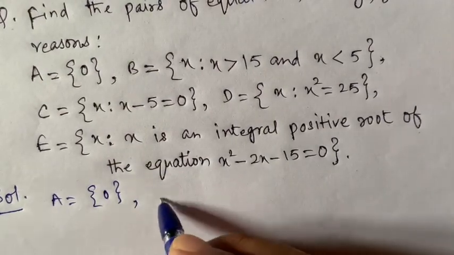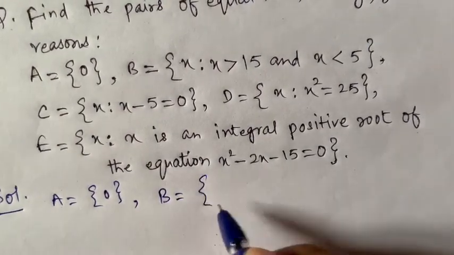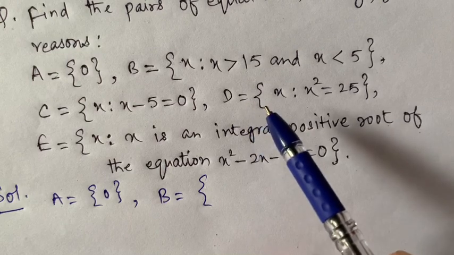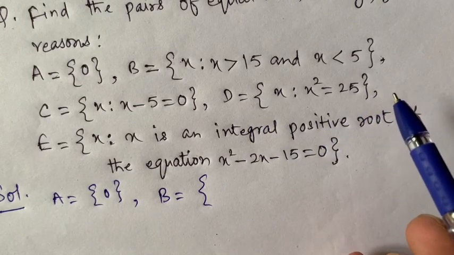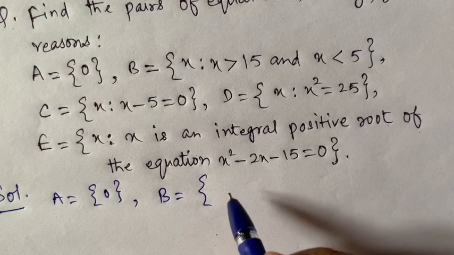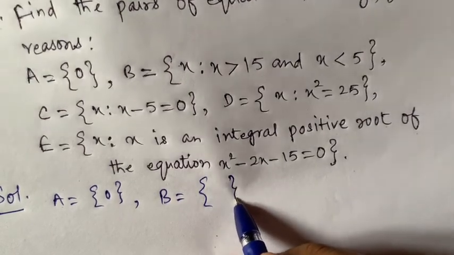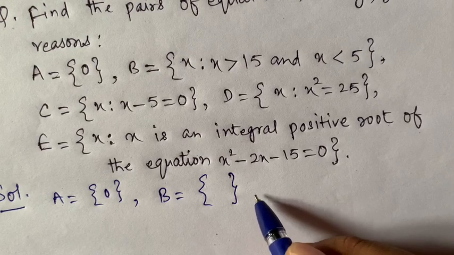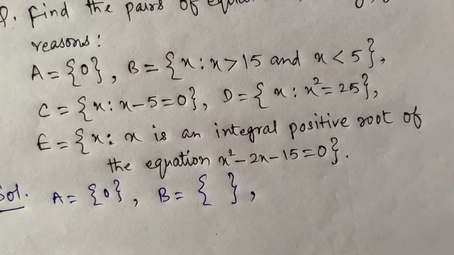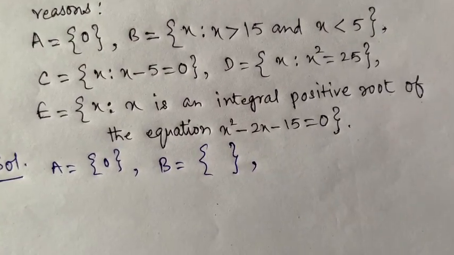And then we have B. It is x such that x is greater than 15 and x is less than 5. Now is it possible for us to get a number which is less than 5 and greater than 15 simultaneously? It is not possible, so we will have an empty set here.